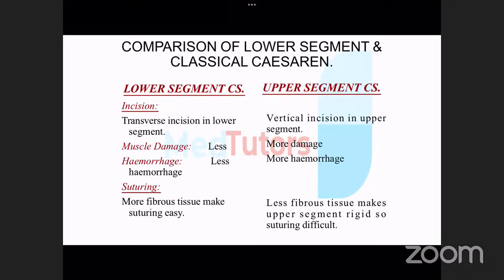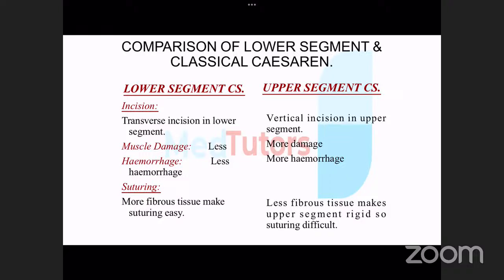So when you compare the lower segment incision and classical cesarean section incision, what are the advantages and disadvantages? Now, with the lower segment cesarean section incision, there's less muscle damage and less hemorrhage. Compared to the vertical incision, there's more damage to the muscle and more hemorrhage.